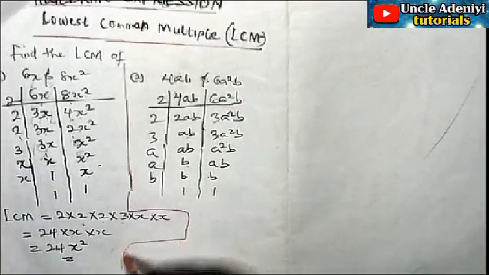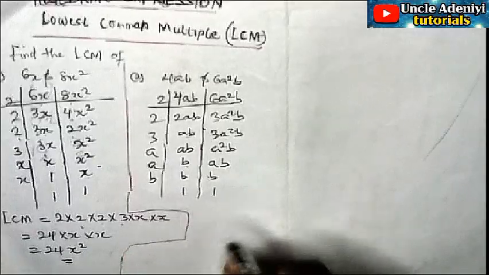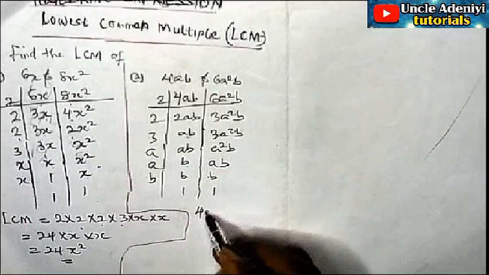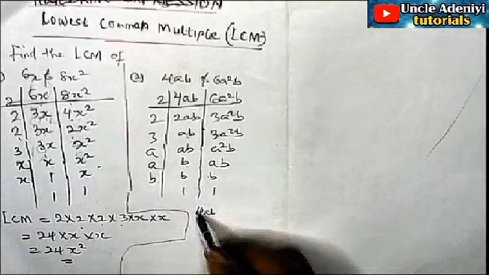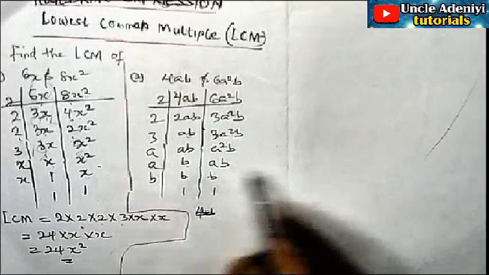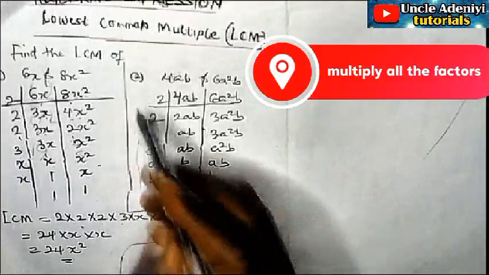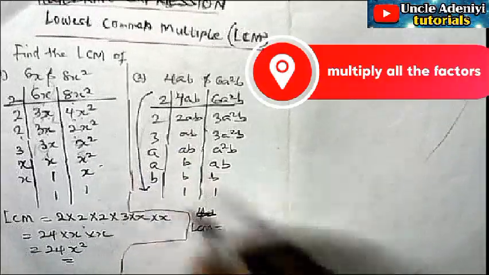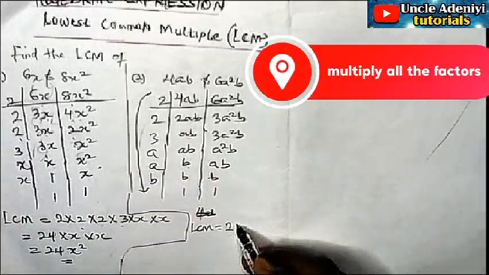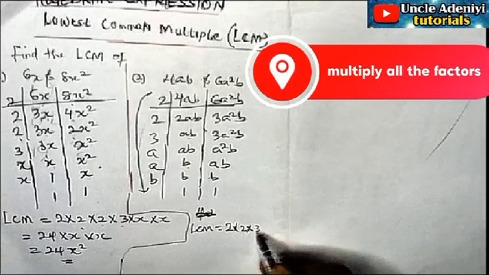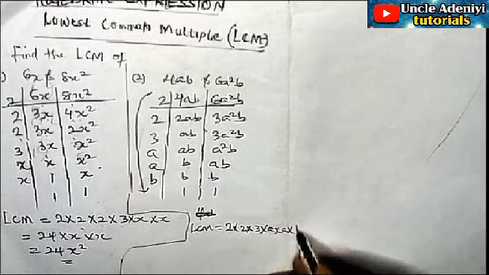So this is what we're going to do. You don't need to write the expressions again. Just find your LCM. Your LCM will give you what? The numbers on this column, right? So that will be 2 times 2 times 3 times a times a times b.